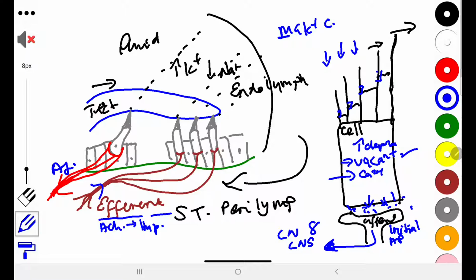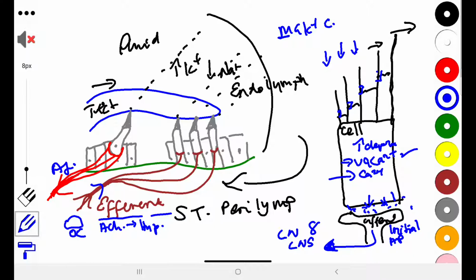So what's the physiology there? Why do we want these cells to go through hyperpolarization? This is initiated by the olivocochlear component. The olivocochlear component is going to be stimulated by various situations, such as an increase in sound, loud sound.